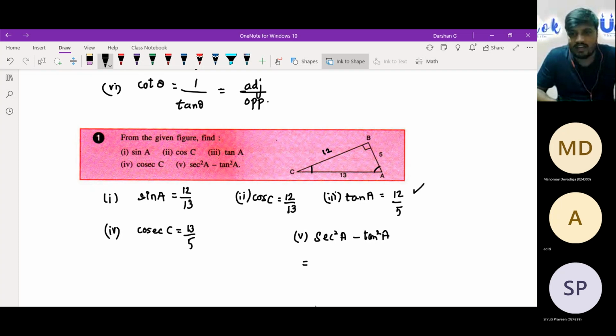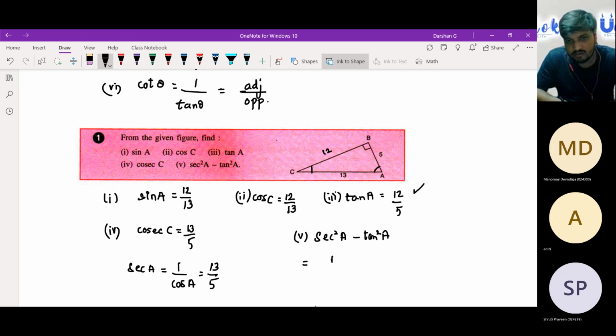So tan A we have, but we don't have secant A. Secant A is equal to 1 by cos A, the reciprocal of cos A. We don't know cos A, but we know sin A. Sin A is 12 by 13, so cos A would be 5 by 13, and secant A would be 13 by 5.